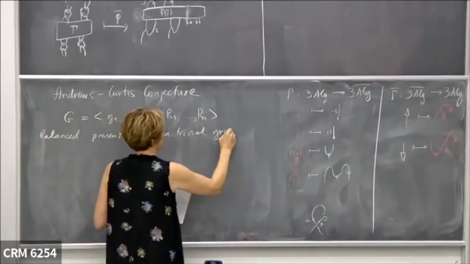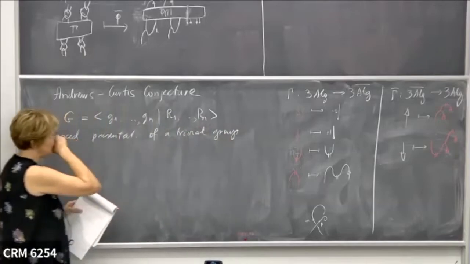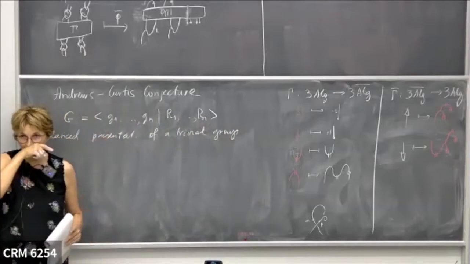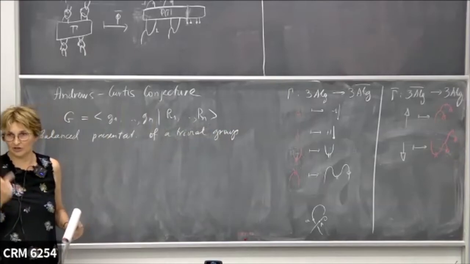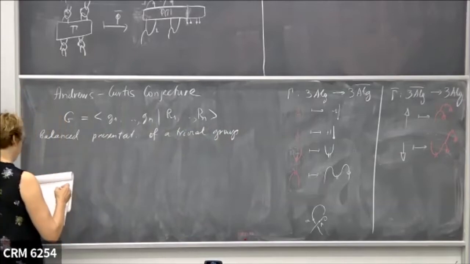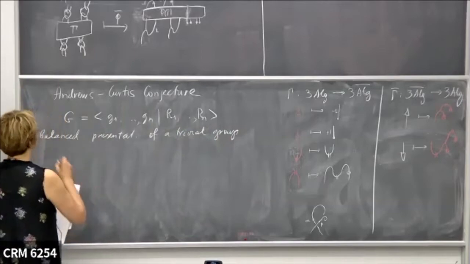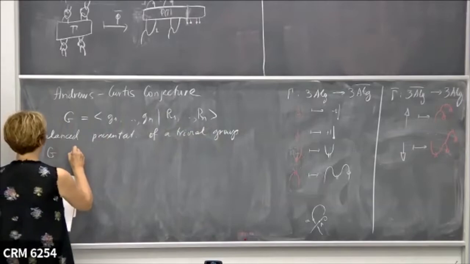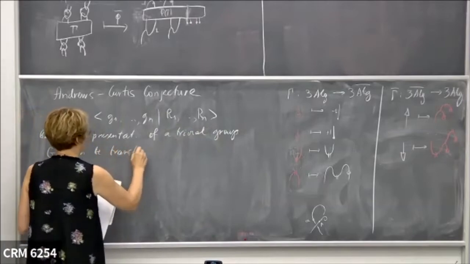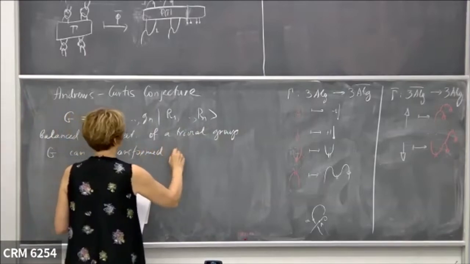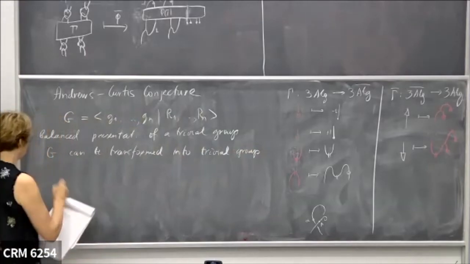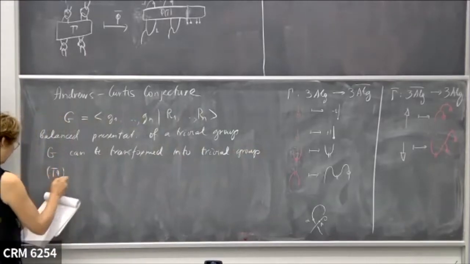So this means that applying some Tietze transformations, I can reduce this just to the trivial group with one generator, one relation, the same. And now the conjecture says that G can be transformed into a trivial group by a weaker set of relations.